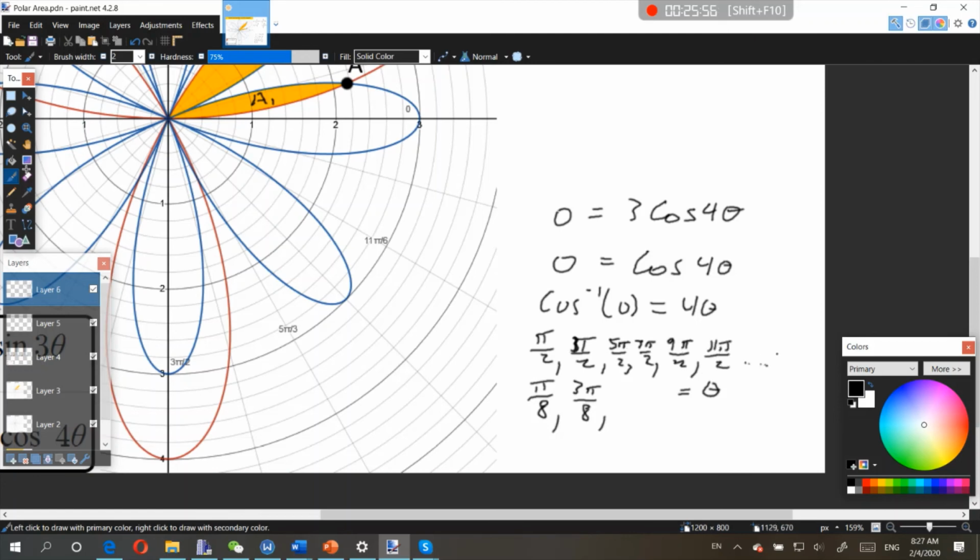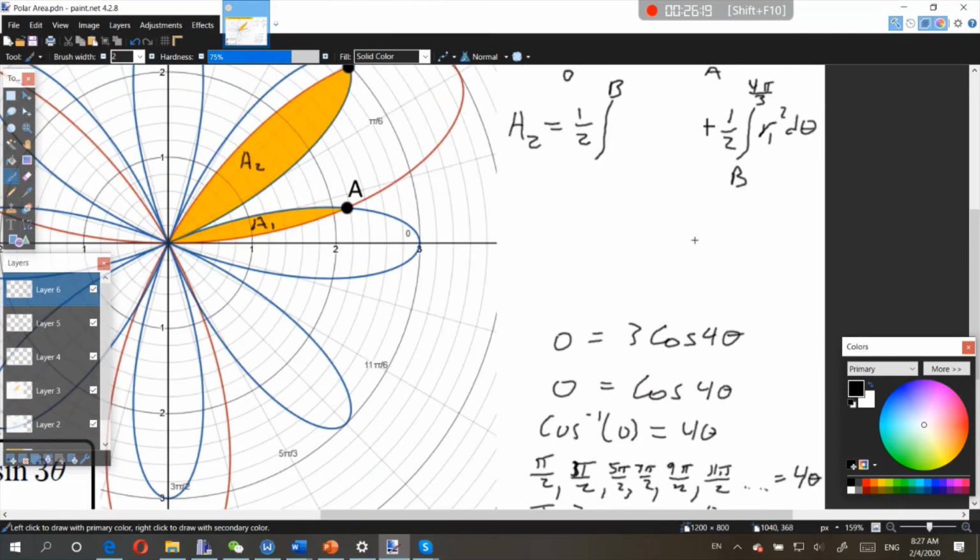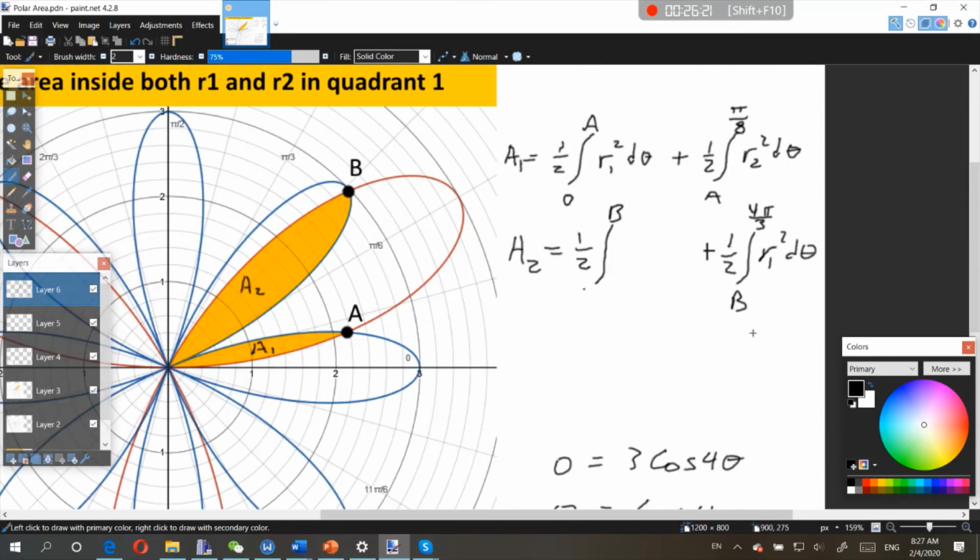That's all we need. Equals 4 theta, so I'm going to divide by 4. And that'll give us, eventually, 7 pi over 8. So 7 pi over 8 is what we need here.